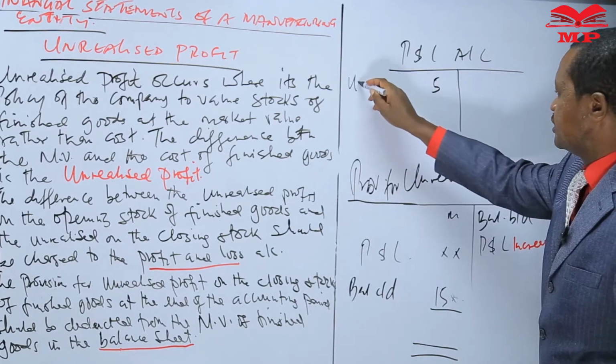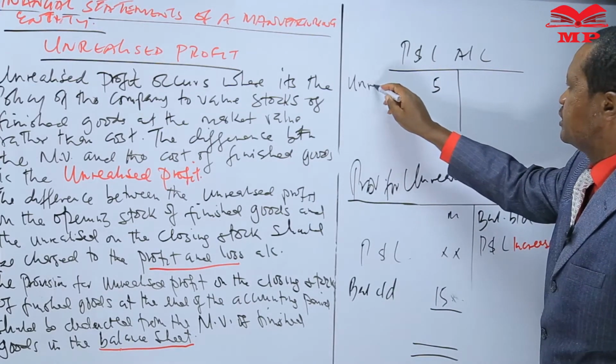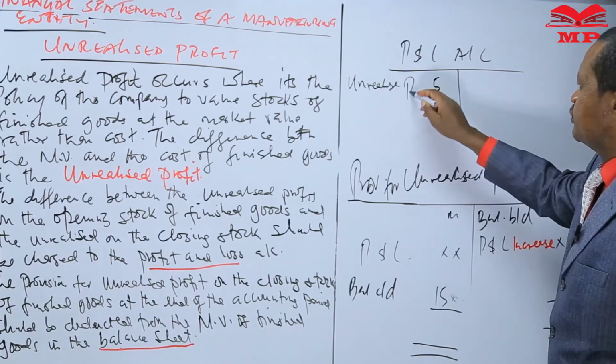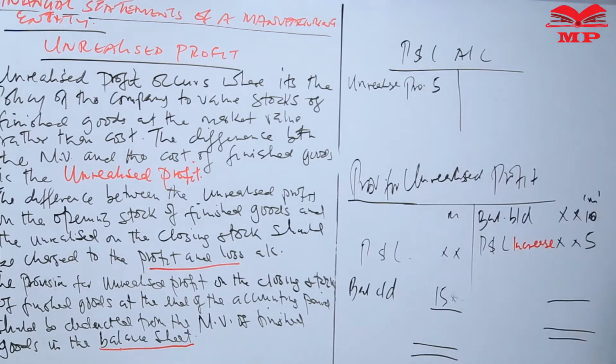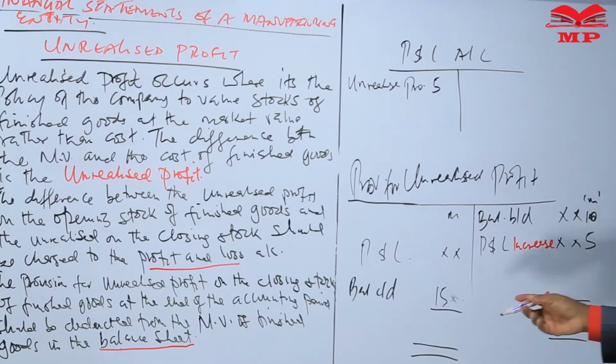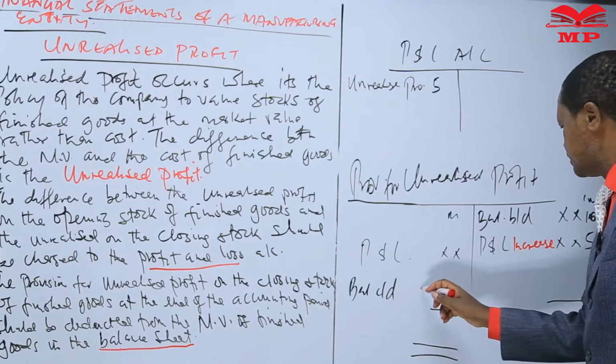This is unrealized profit if there is an increase. But at times you may have a decrease from, say, the 10 million, you may have a decrease here of, say, 7 million.